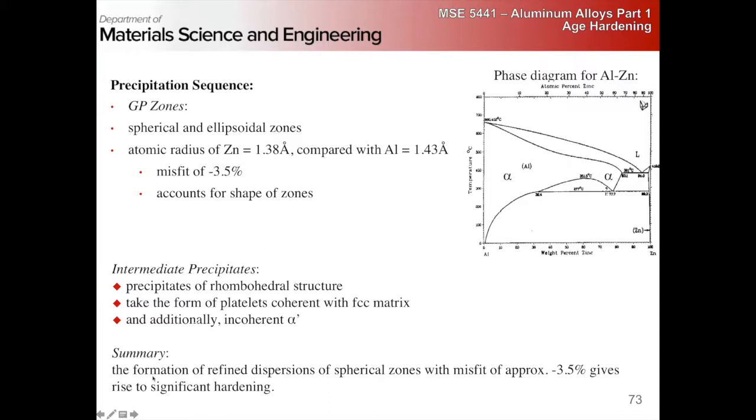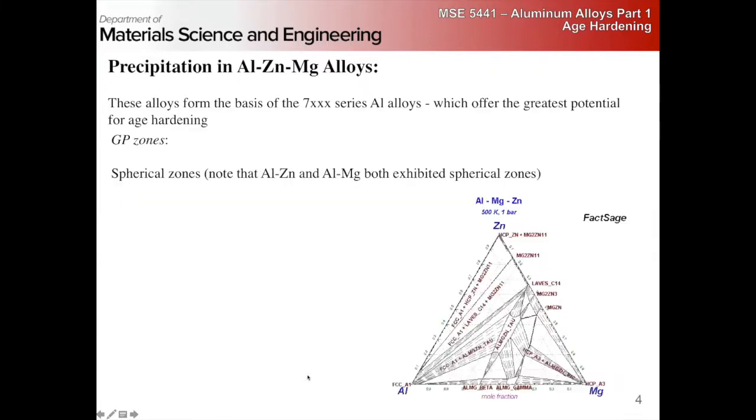But basically, we can get significant hardening out of these because we have a very nice refined dispersion of spherical GP zones with that 3.5% misfit. We can get significant hardening out of these systems, but I don't want to spend a whole lot of time on them.